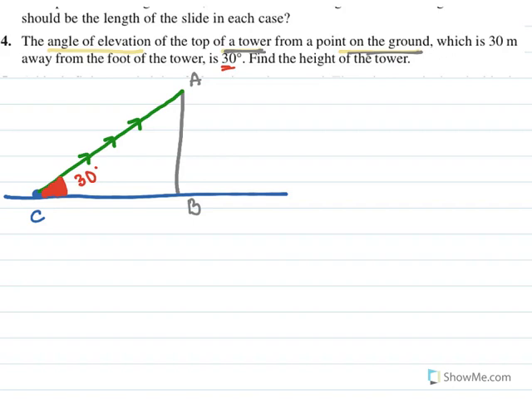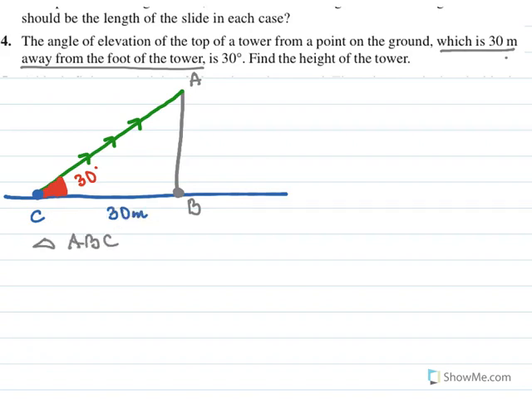Now they've given us another figure, that is 30 meters. Now what is 30 meters? It is 30 meters away from the foot of the tower. So where is the foot of the tower? Here is the foot of the tower. B is the foot of the tower, and C is the point, and the distance between them is 30 meters. So here we have 30 meters.